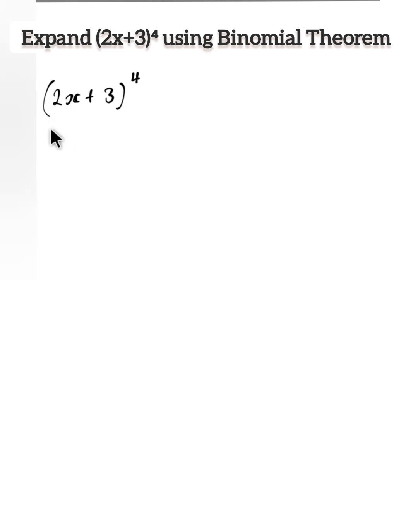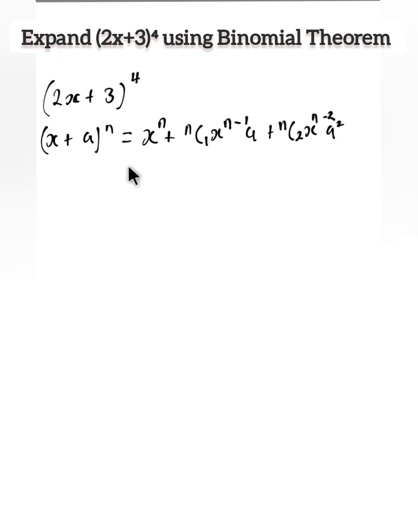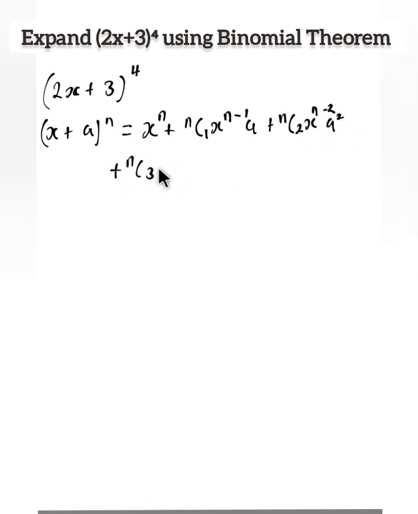But remember that (x plus a) raised to the power of n, according to the binomial theorem, is x raised to the power n plus n combination 1 x raised to the power n minus 1 a plus n combination 2 x raised to the power n minus 2 a squared plus n combination 3 x raised to the power n minus 3 a raised to the power 3, plus we keep on going to a raised to the power of n.